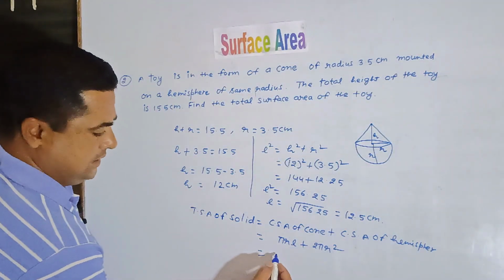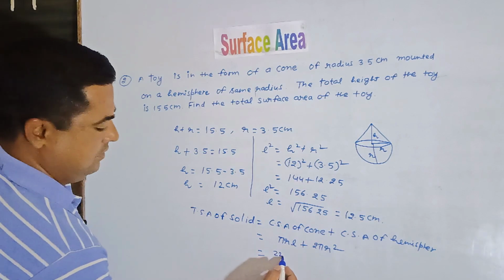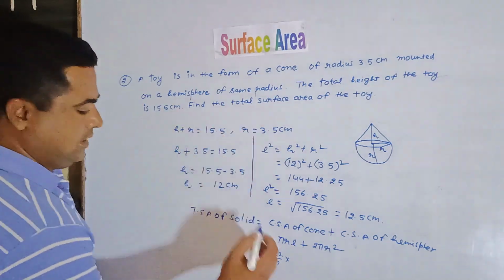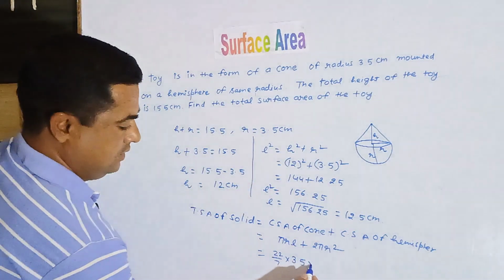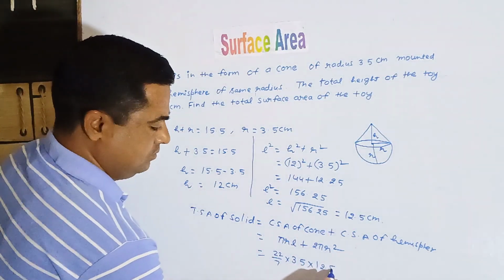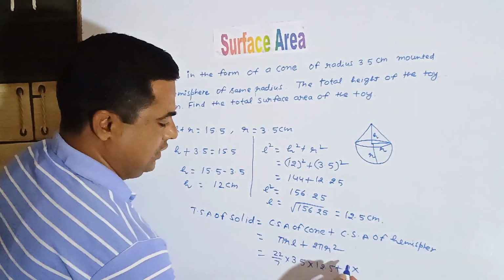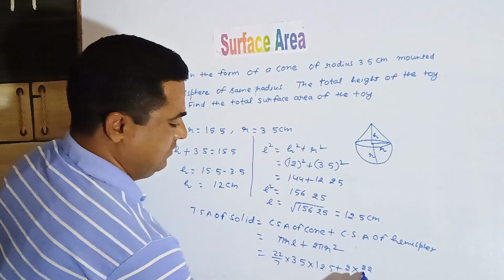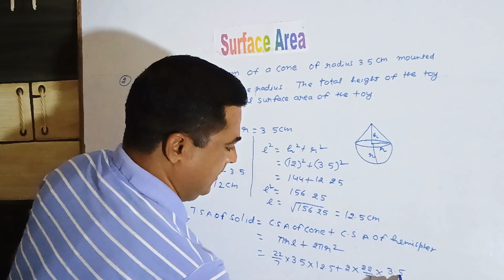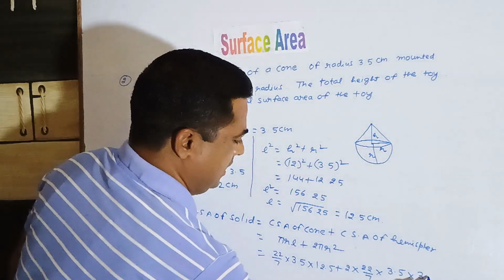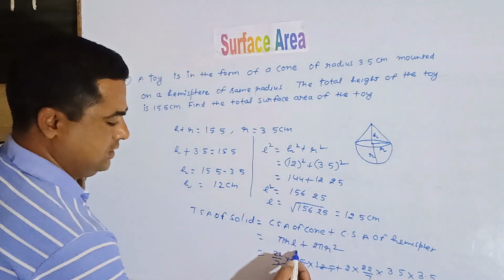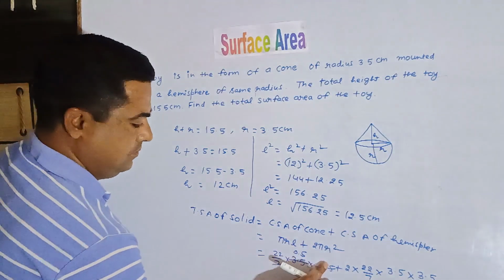Now pi is 22 by 7, and the value of r is given here as 3.5, correct? And the value of l is 12.5 plus 2, pi is 22 by 7, and r squared we have here, so we will write 3.5 into 3.5. 7 5s are 35, correct?